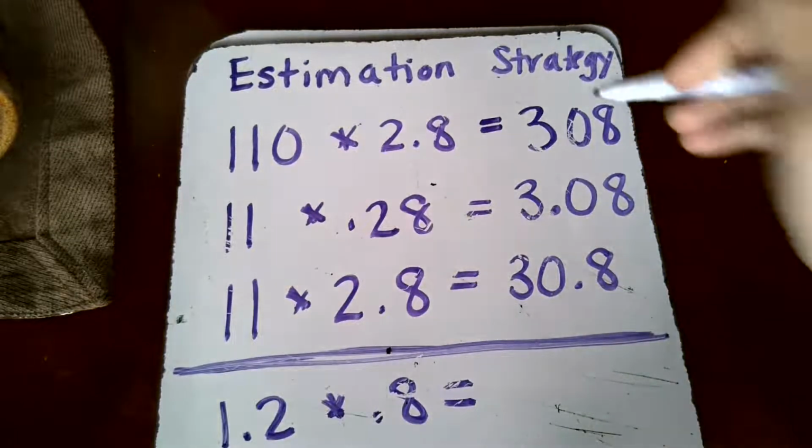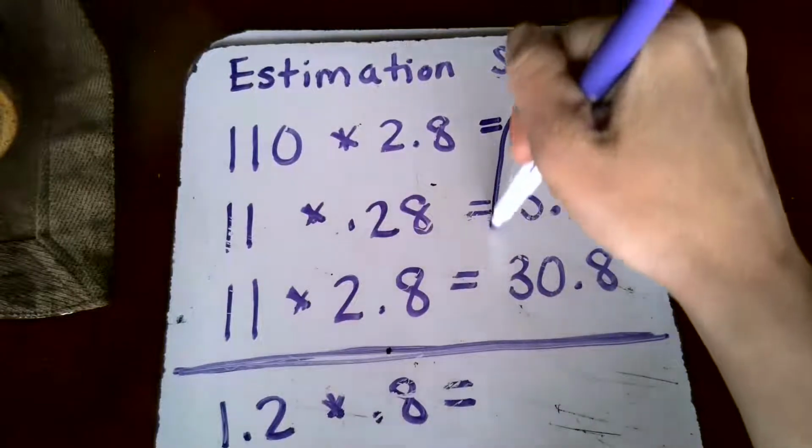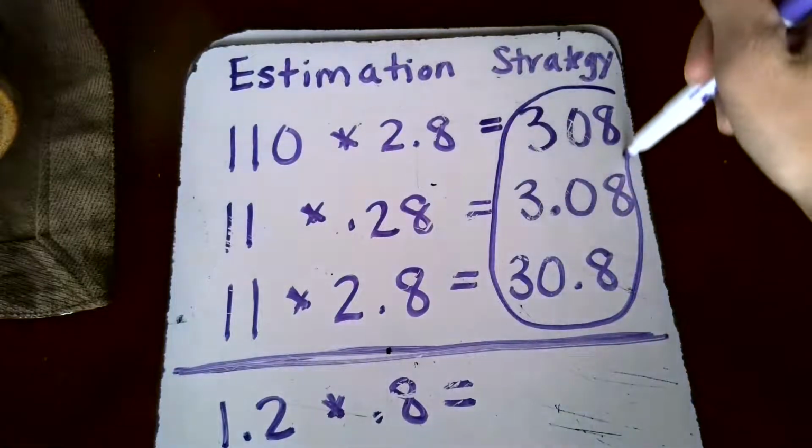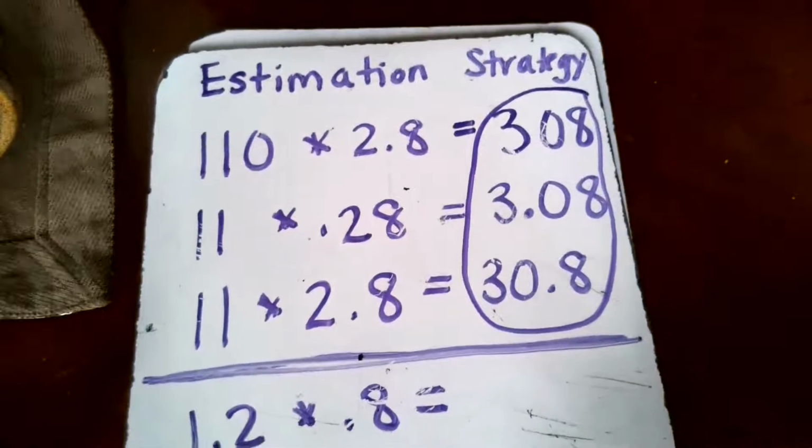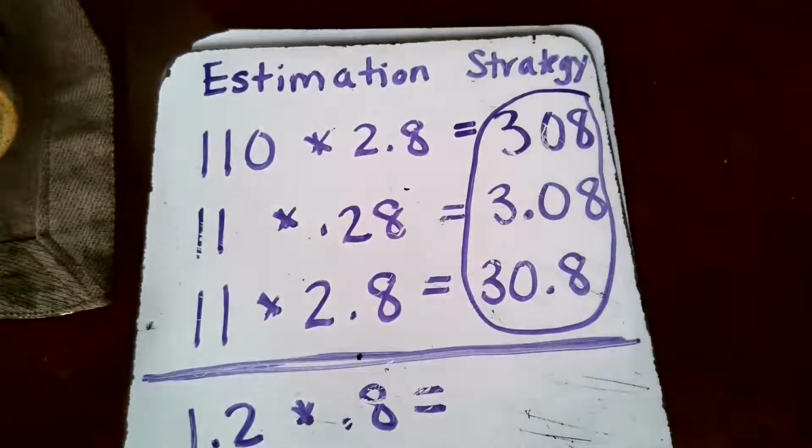The biggest thing that I want you to notice is all over here with these products. Remember, the product is the answer to a multiplication problem. I want you to look at it right now and see what you notice about the products. It's pretty easy to figure out, but I want you to notice the pattern.